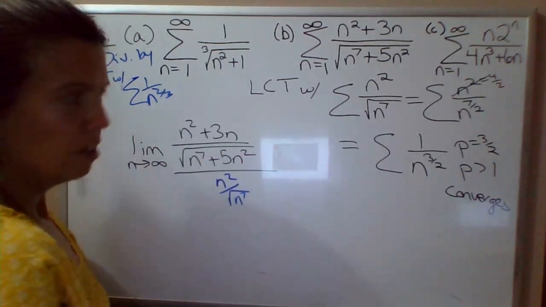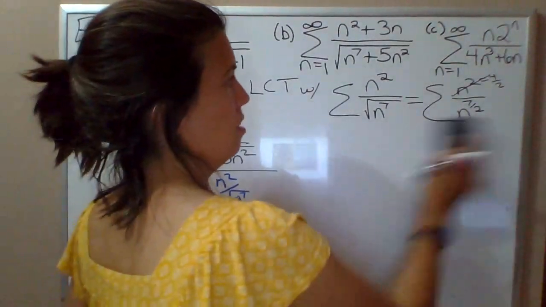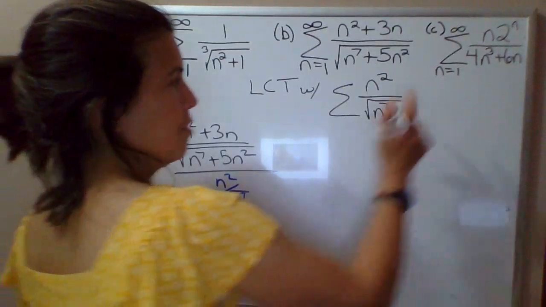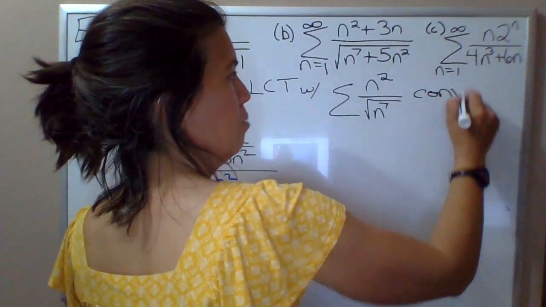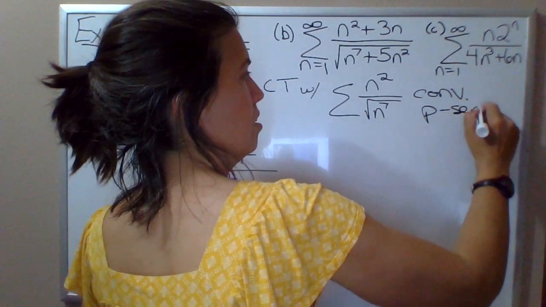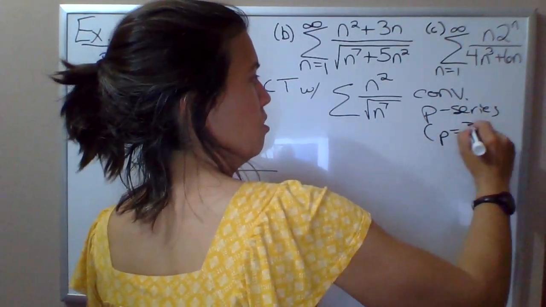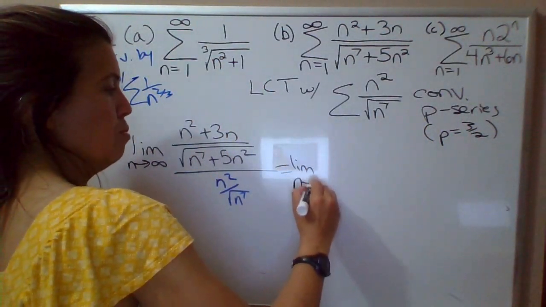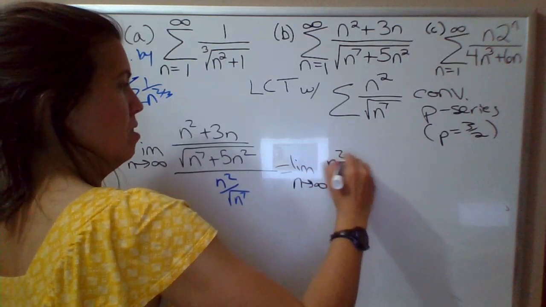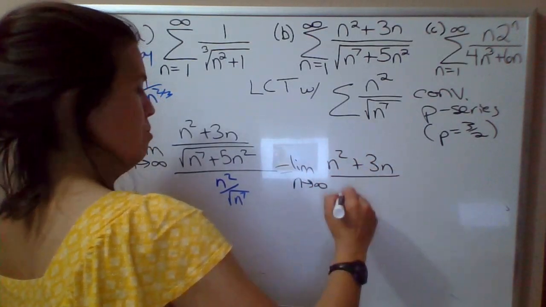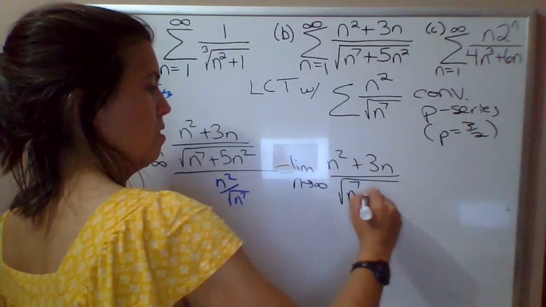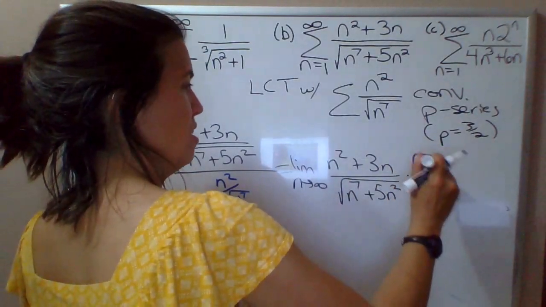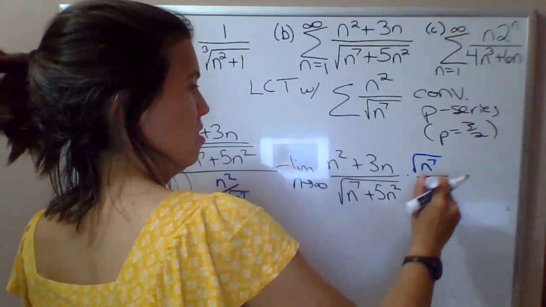Then I'll make a note that we figured out that this is a convergent p series because p was equal to 3/2. So over here, limit as n approaches infinity, this whole fraction was in the numerator, multiplied by square root of n to the 7th over n squared.